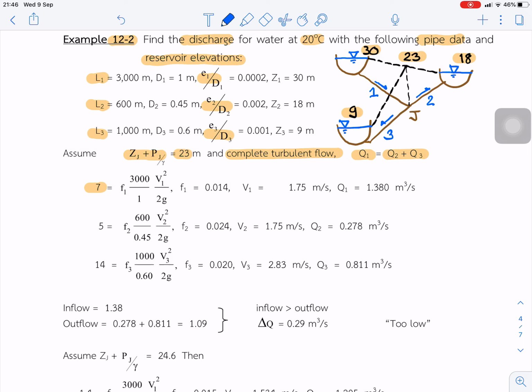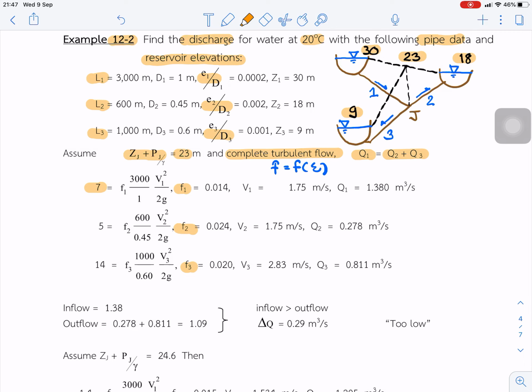In this case, the friction factor F is a function of the roughness only, so we can estimate F1, F2, F3. Given the relative roughness, we can estimate F1, F2, F3 from the Moody diagram.